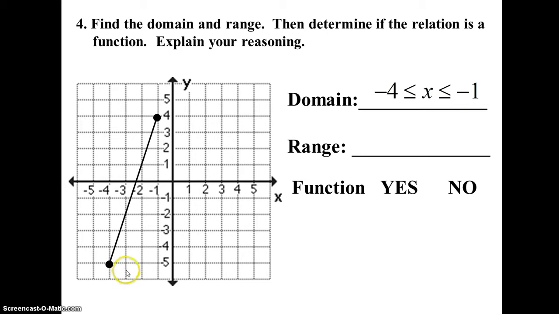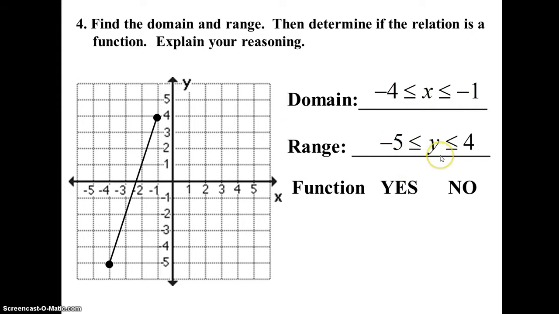For the range, again, let's go from bottom to top. Let's go from least to greatest. And notice these are filled in endpoints, so those are included for our domain and our range. So our range will go from -5 all the way up to 4, and we use the y variable to represent range.